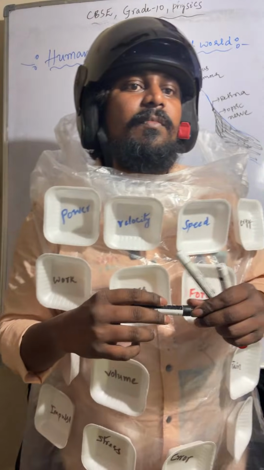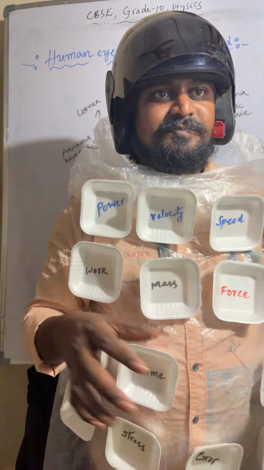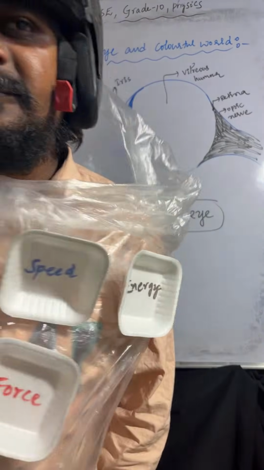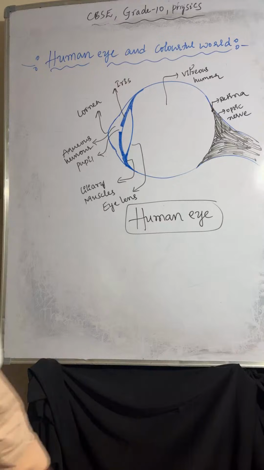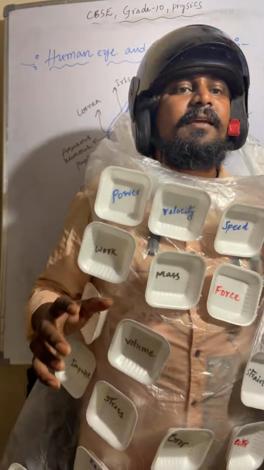Now we'll discuss. You can see the cornea is the front protective layer of the eye.